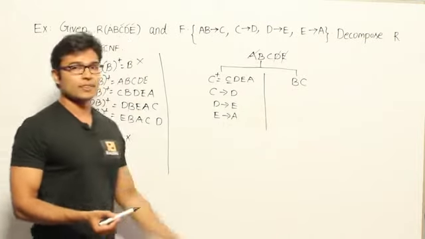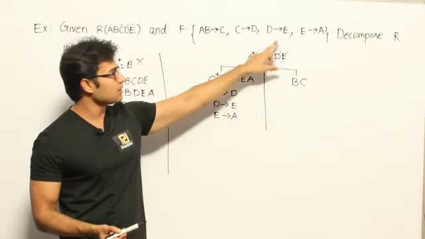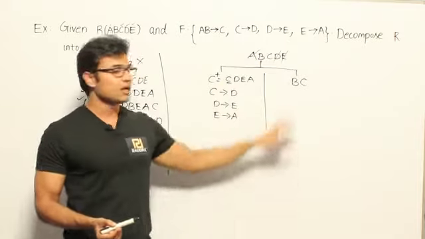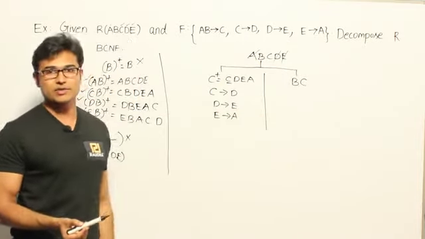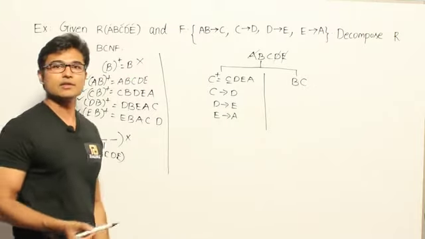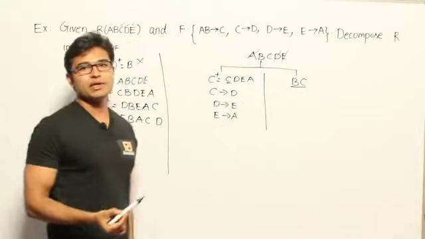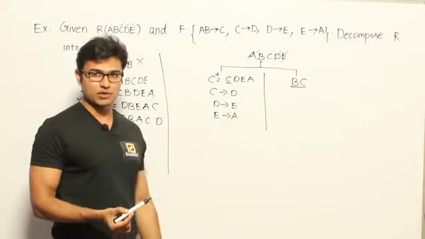Nothing. This cannot hold because A is missing, this cannot hold because D is missing, this cannot hold because D and E are missing. Therefore, no functional dependency will be applicable on this. So what can we say? That table is already in BCNF with everything else candidate key. If you have no functional dependencies to determine the candidate key, it is better you take the entire table as the candidate key. Got it?